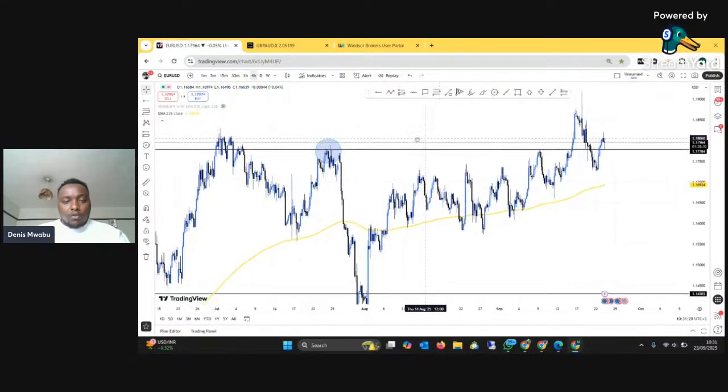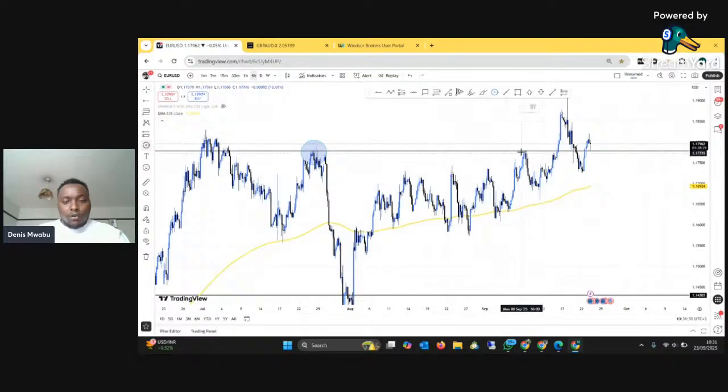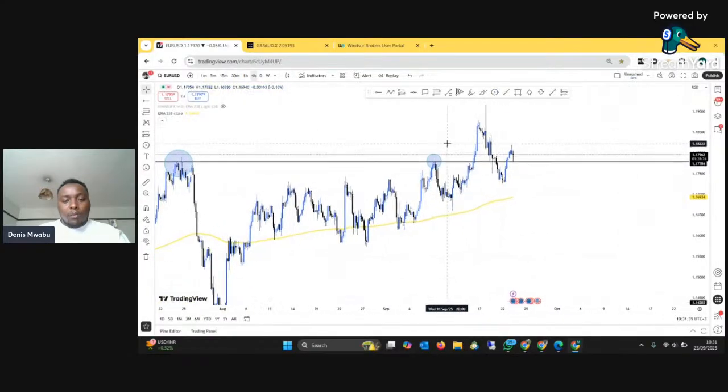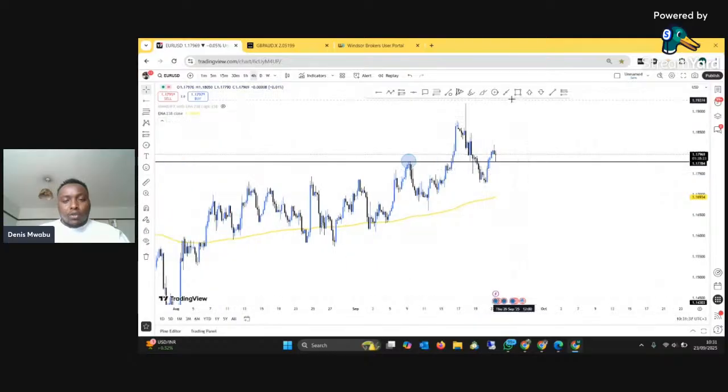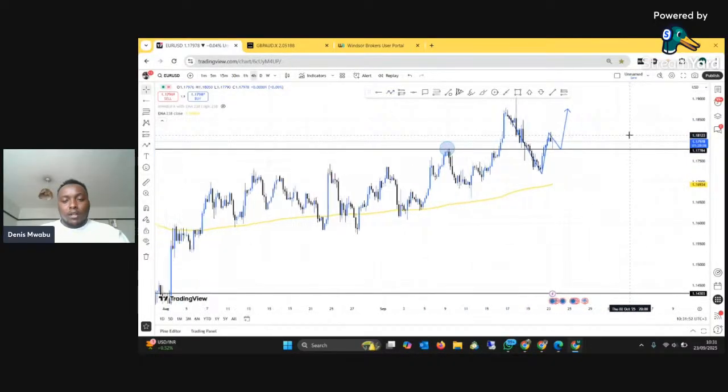Price tapped again on this area, and then, take a look at this, price broke this area. After breaking this zone, it is retesting it again. So you can expect price to continue pushing up, something like that.